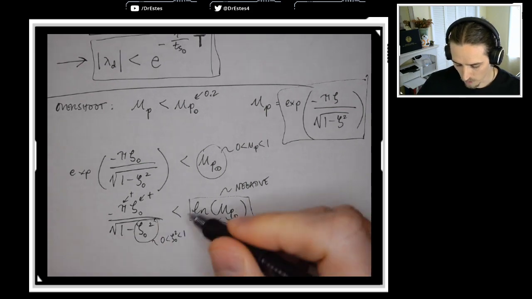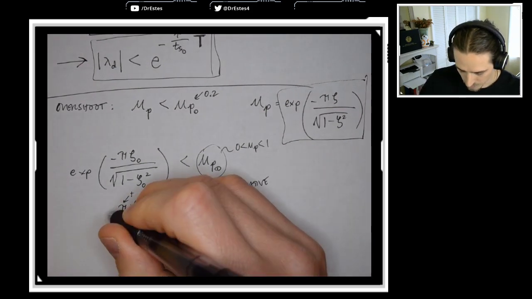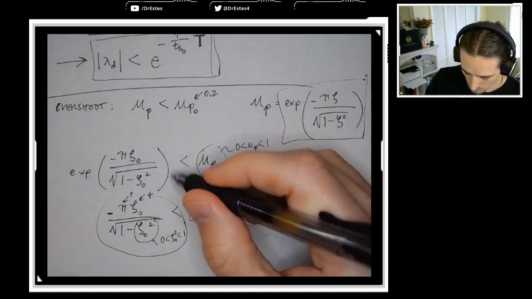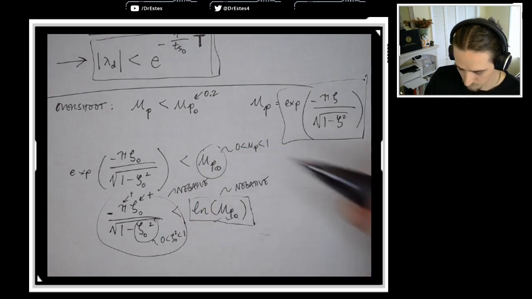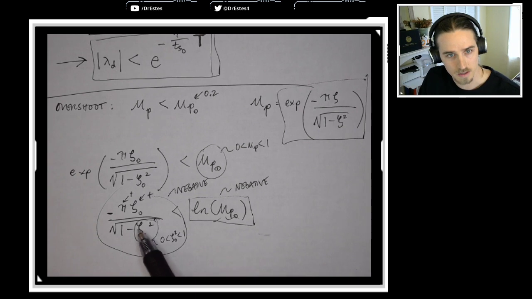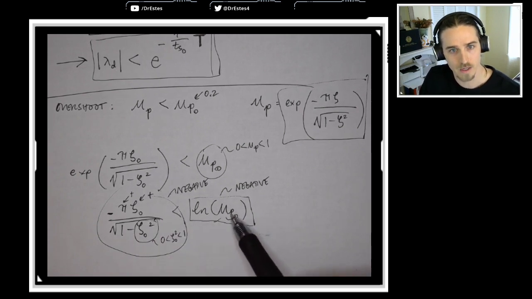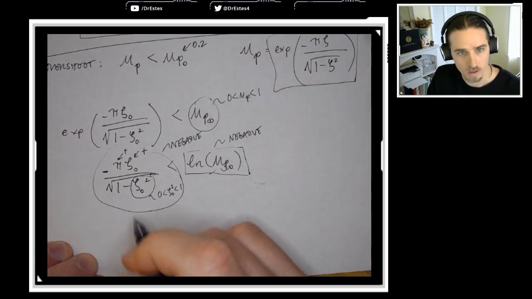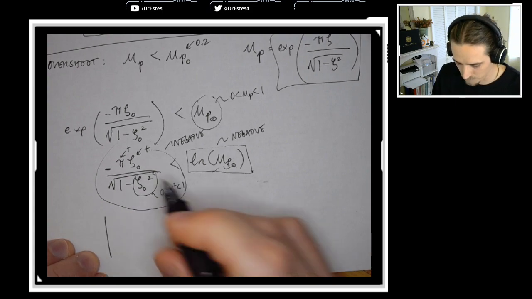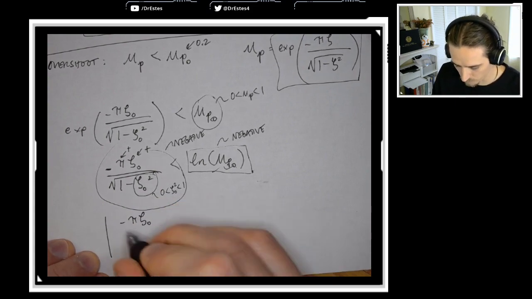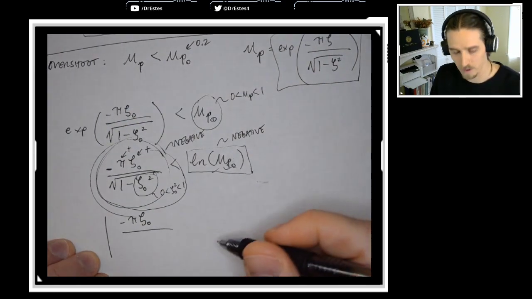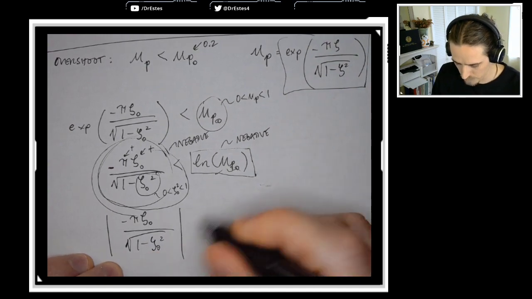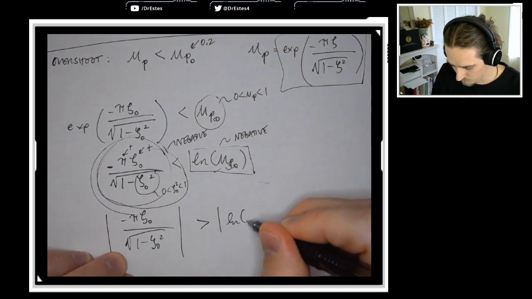So all that to say, because there's a negative sign out in front over here, this number is always going to be negative. So when you're looking at this, this negative number needs to be more negative than that number on the right. And so this is easier if we take the absolute value. In other words, the magnitude of this number on the left needs to be bigger. So this has to be greater than the magnitude of that.